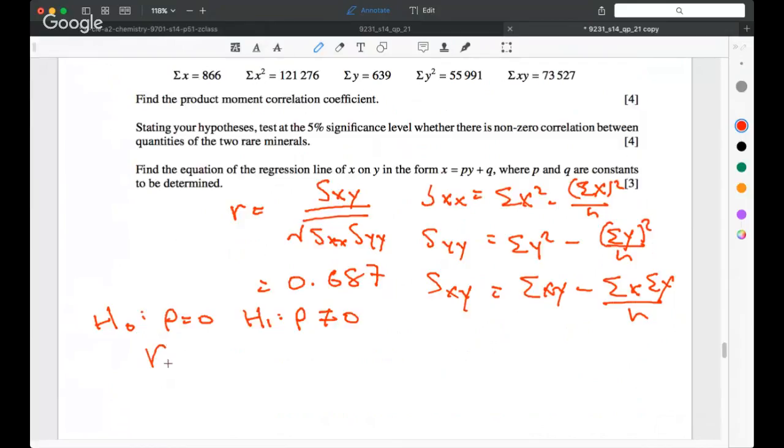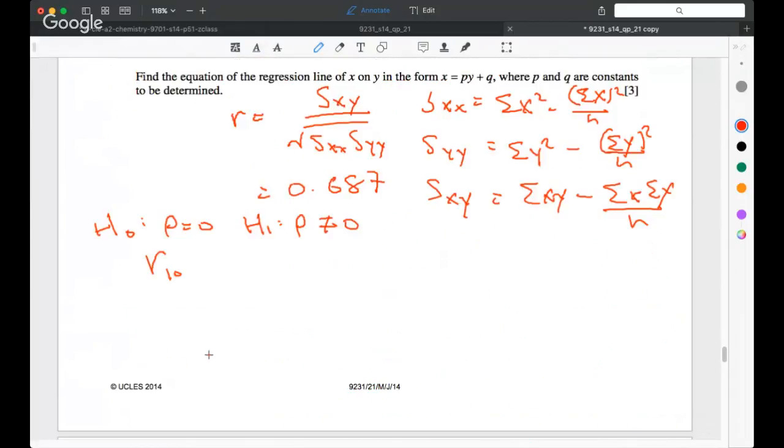For R at 5% significance level and 10 chosen samples, we have 0.632, and we see that 0.687 is greater than 0.632, so we can conclude that there is a correlation.